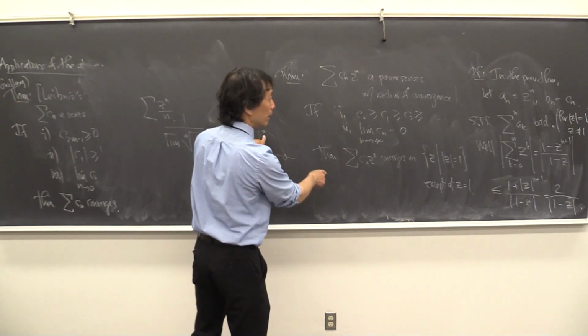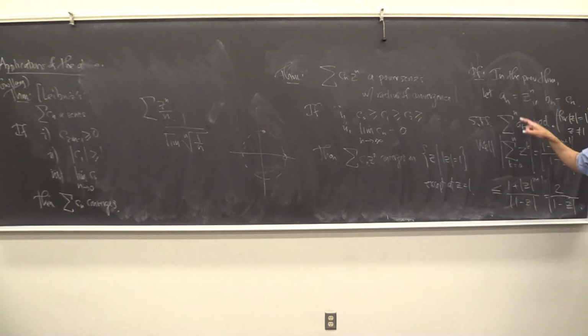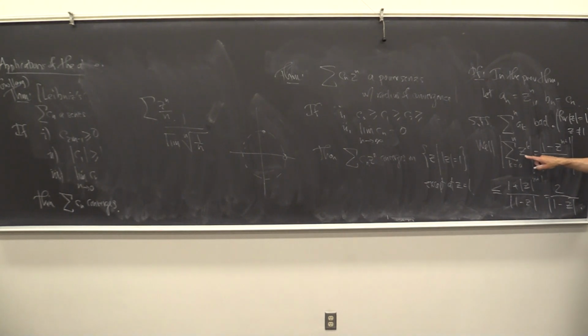We have to show that these guys are bounded, but we have an expression for this that's just this. We can bound it with the triangle inequality, and since we're on the unit circle, this thing becomes just a 1, and we can bound it with a 2. So for every such point z, the series converges.